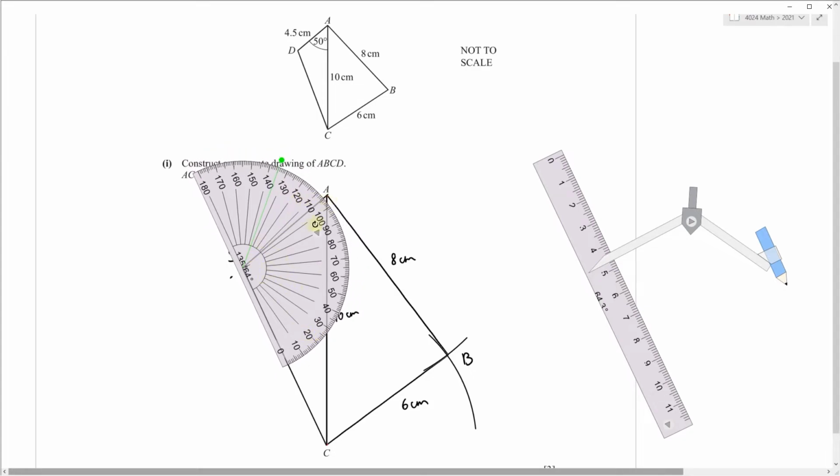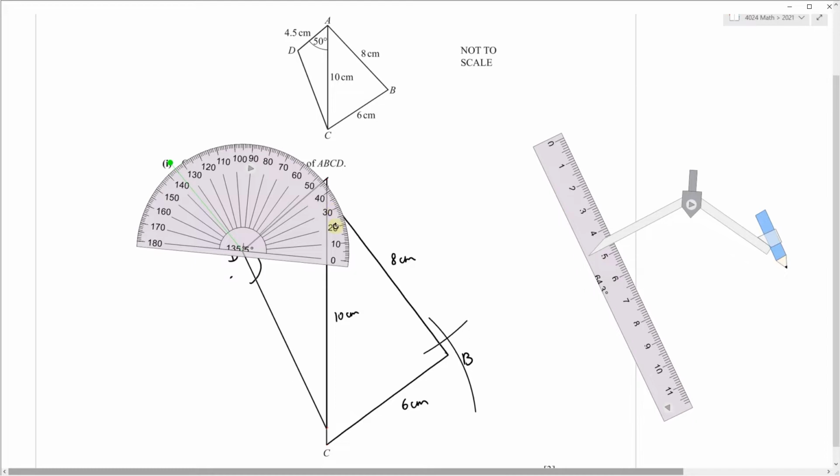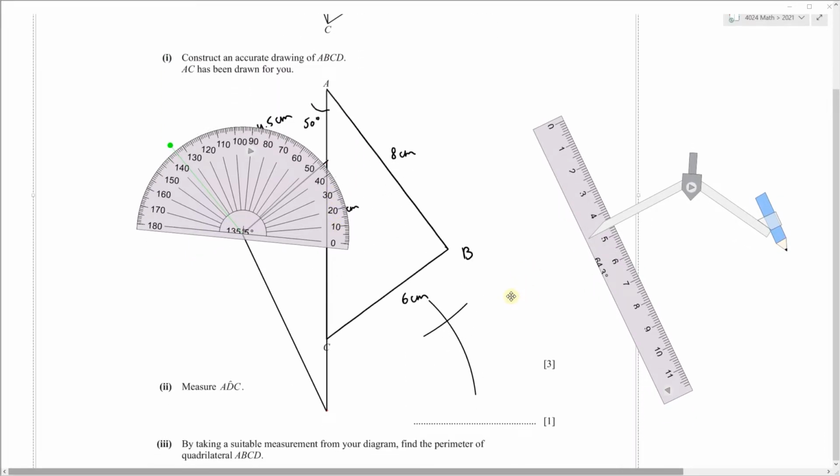Okay. So this is almost 100, 105, almost 106 degrees. It's between 105 and 106. So I can call it almost 106. So my angle here is 106 degrees.